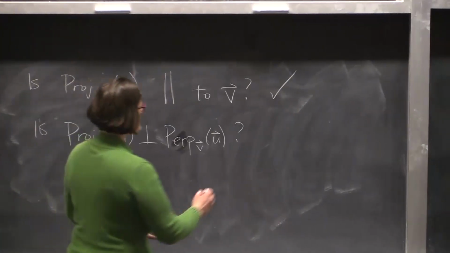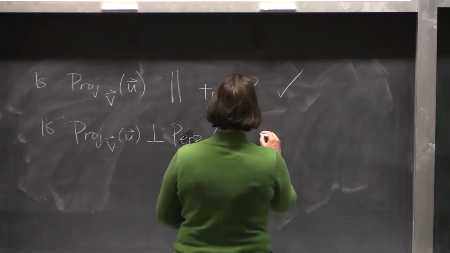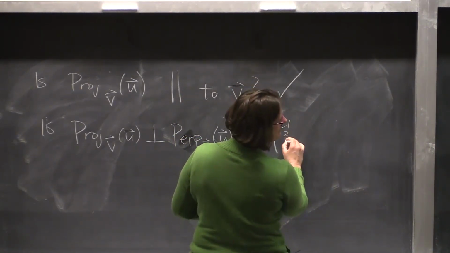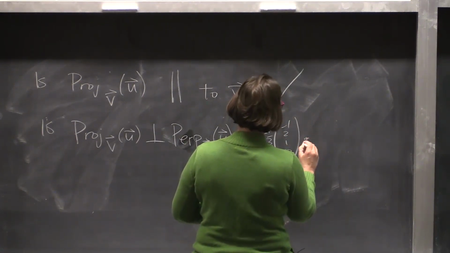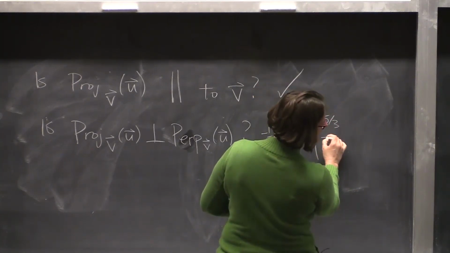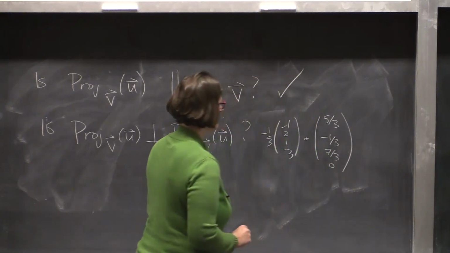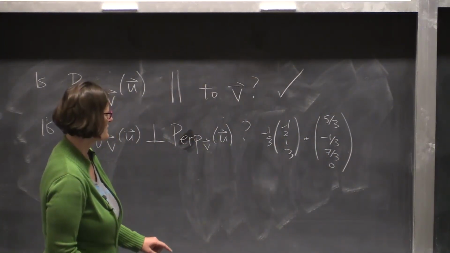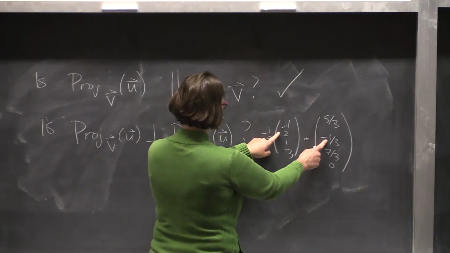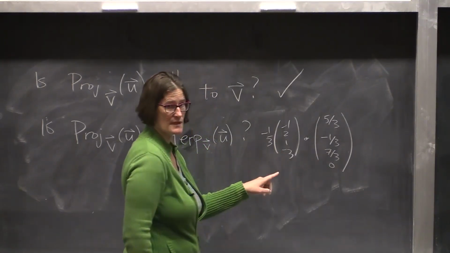Dot product. So that's the dot product of minus 1/3, minus 1, 2, 1, minus 3, dot producted with 5/3, minus 1/3, 7/3, 0. So that gives me minus 5, minus 2 is minus 7, plus 7, all divided by 3.